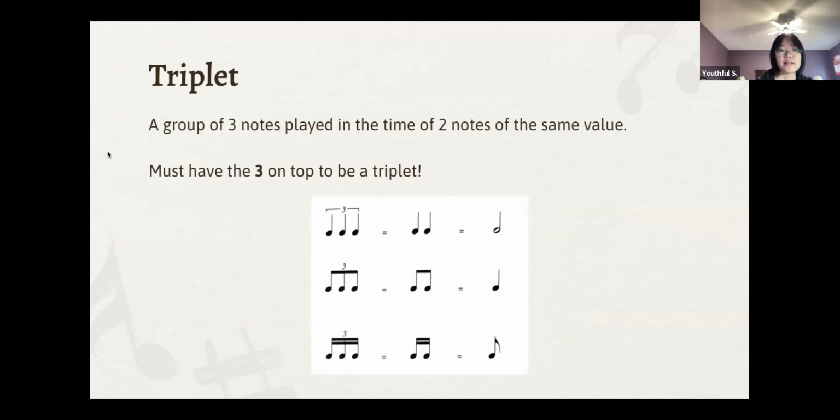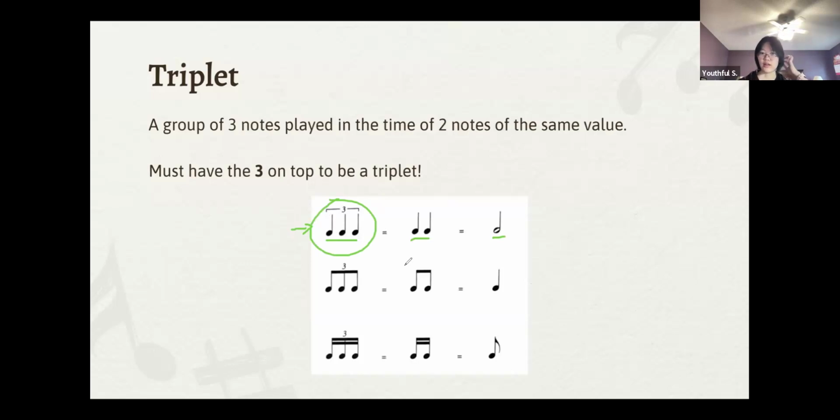Okay, so triplet. Basically, it's a group of three notes. The main thing to remember here is how long the note value actually is. A way to remember this is to look at two of the notes. This first one here is a quarter note triplet. If you take two quarter notes, the note value of that would be a half note. So that's the note value of this quarter note triplet.